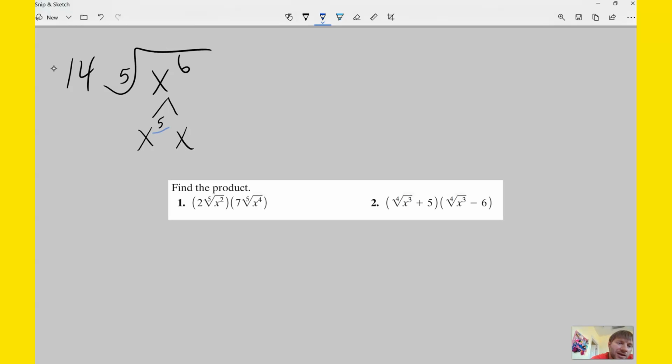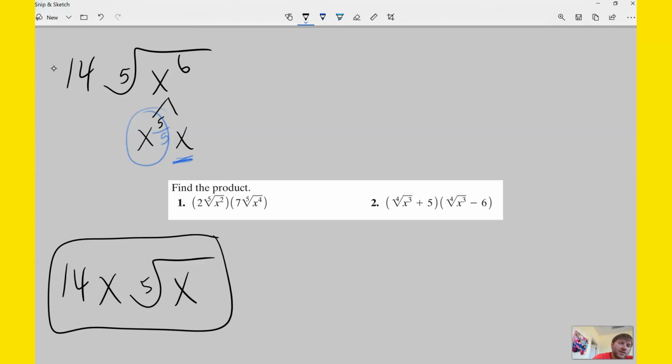And then that 5 index there comes under the 5 there, so that'll come out. And that has to stay underneath. So this is going to give me 14. And then that comes out as an x to the first, so it's just x there. And then the fifth root of, I've got an x still left under the radical. And that's the answer there.